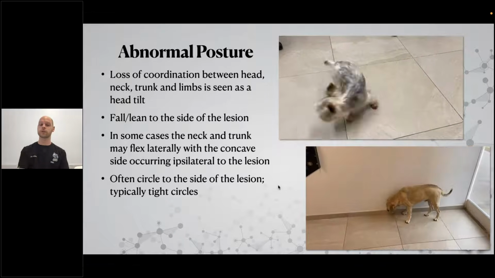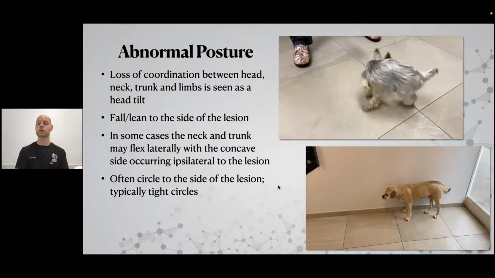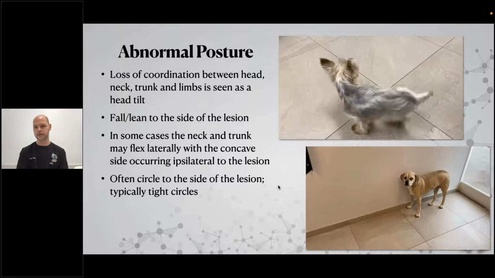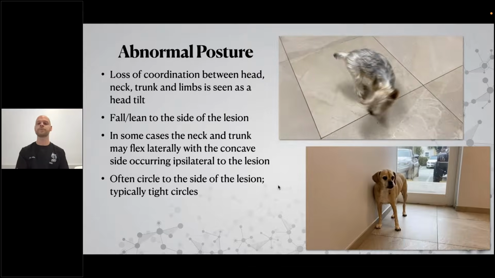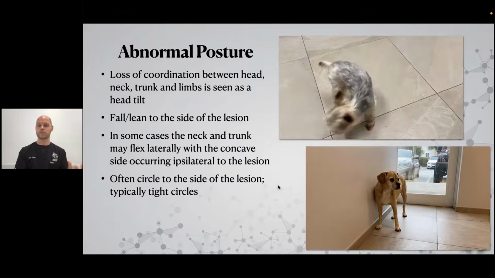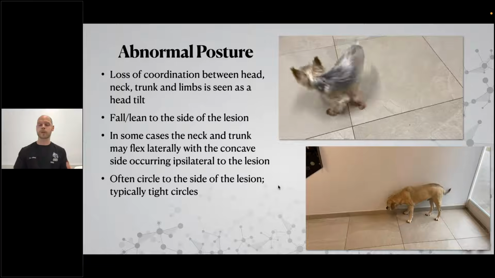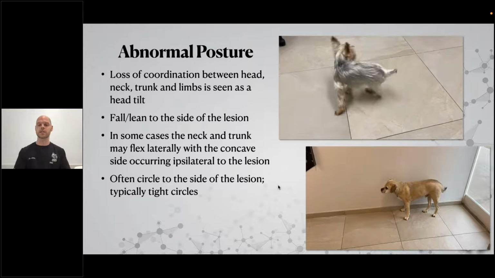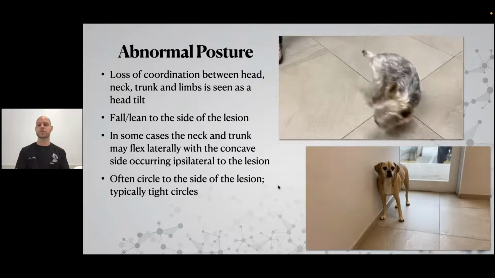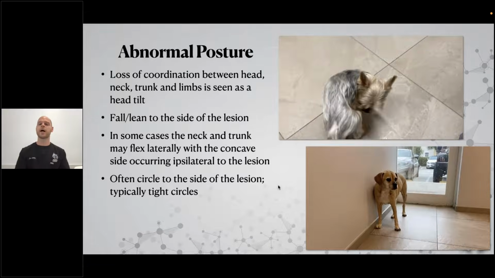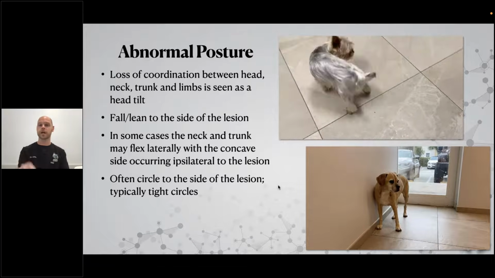They will often circle, more often than not, to the same side of the lesion, right? Which is similar to when we're talking about proprioception for brain disease, they too will circle to the side of the lesion. But the main difference between the two circlings is the tightness.